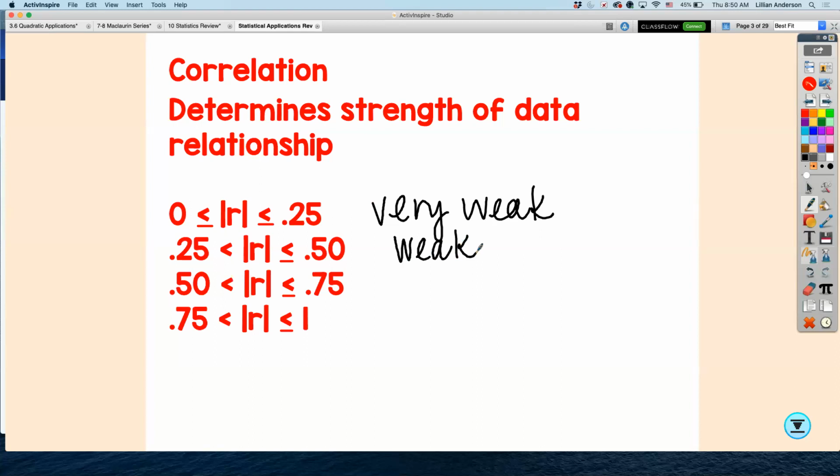Essentially, if it was weak or very weak, there wasn't a relationship. Between 0.5 and 0.75, there was a moderate relationship, so there's a possibility of a connection between the two. And if it was between 0.75 and 1, then the relationship was strong, okay?